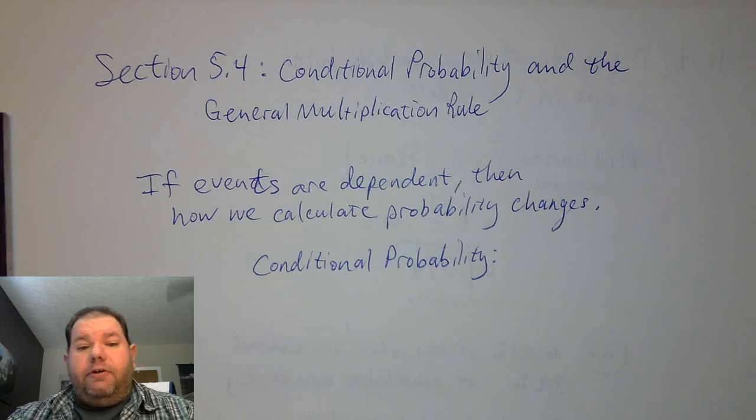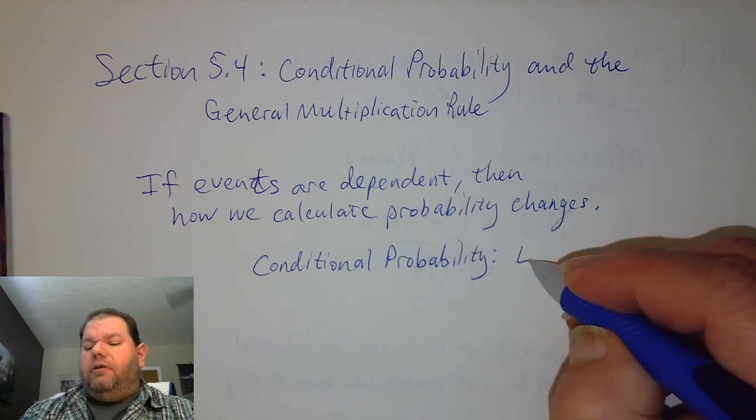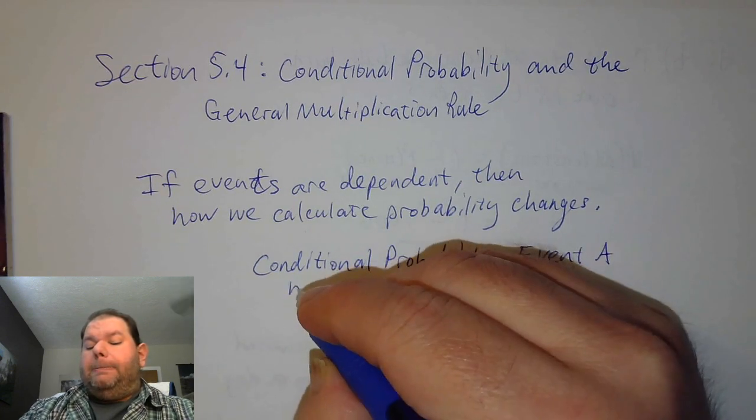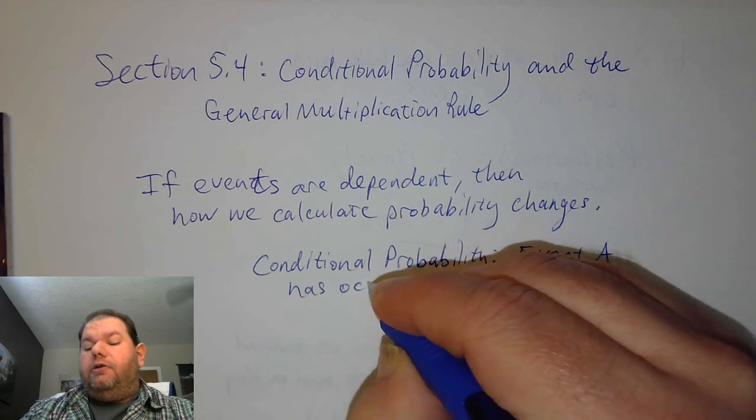And the idea here is that, let's say that event A, we know event A has happened. What then would be the probability of event B also happening at the same time? So event A has occurred.